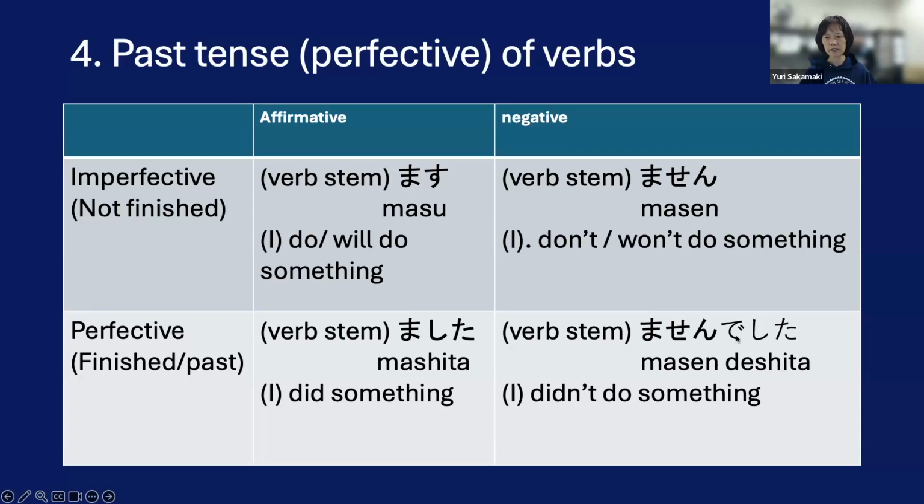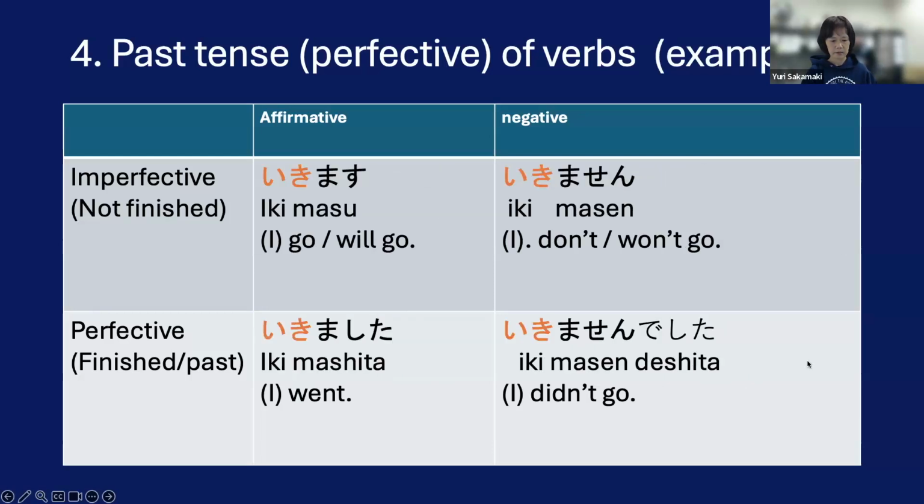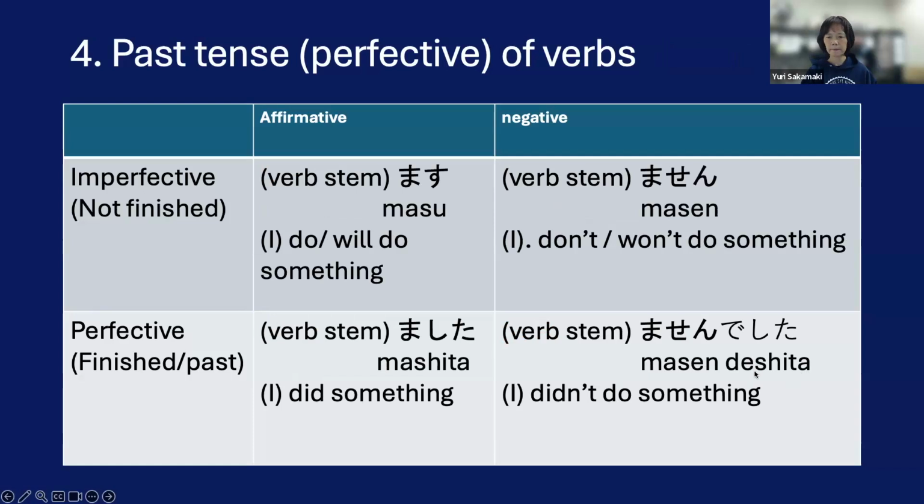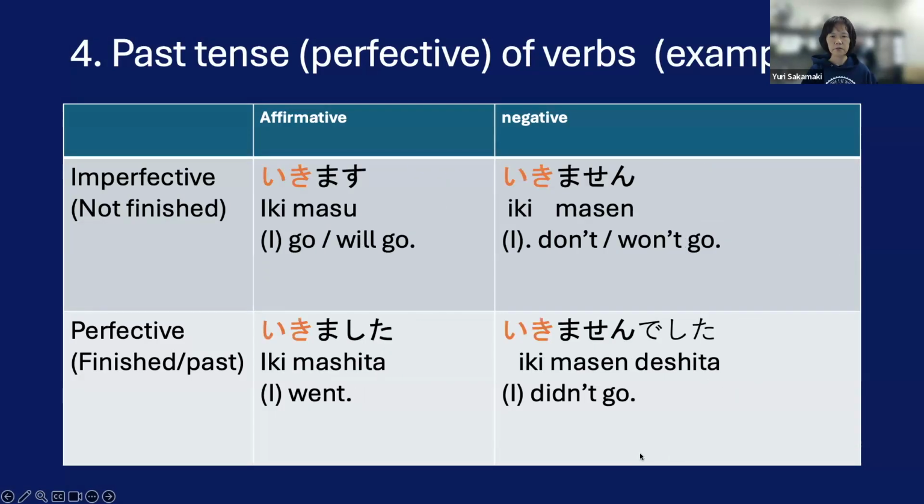So we're adding でした to ません. 食べませんでした. I didn't go somewhere. I didn't do something. So, ました and ませんでした are new. So if we are using 行きます to go as an example, 行きます、行きません、行きました、行きませんでした.